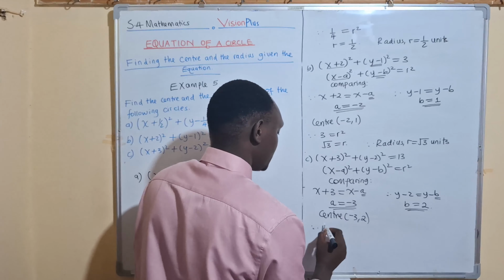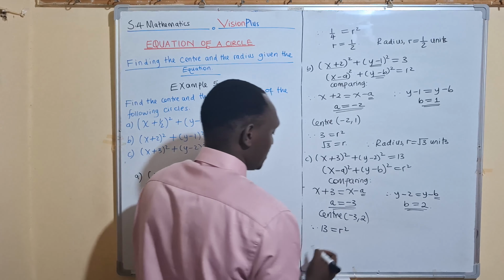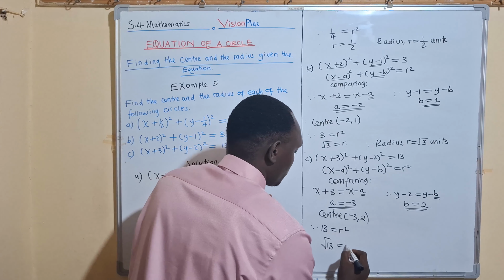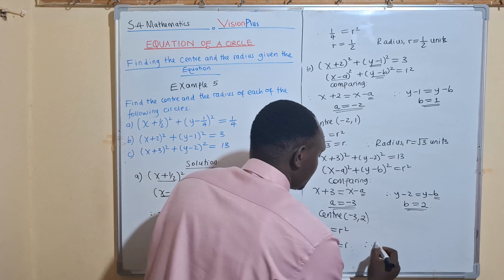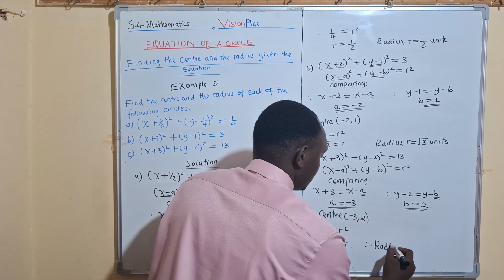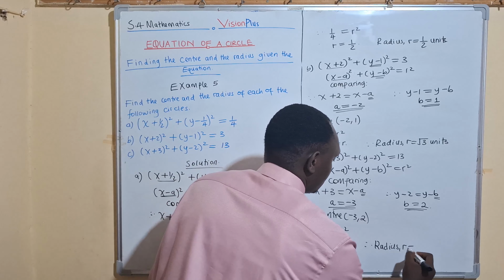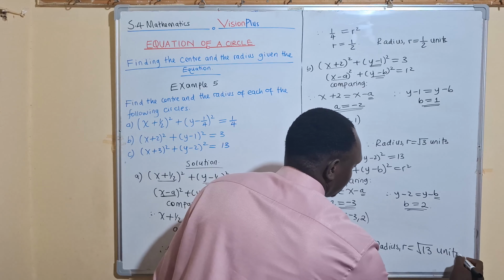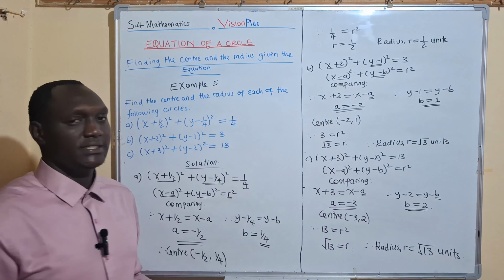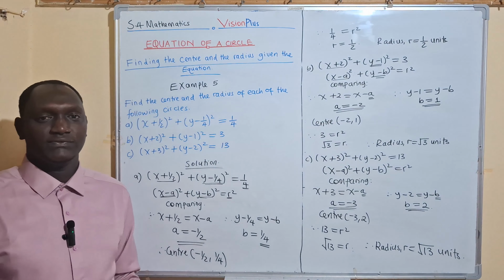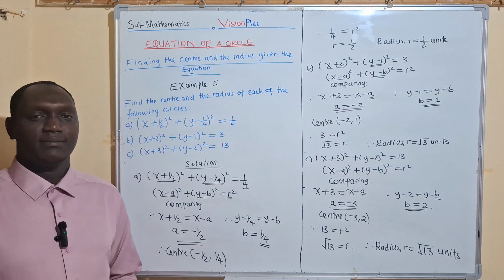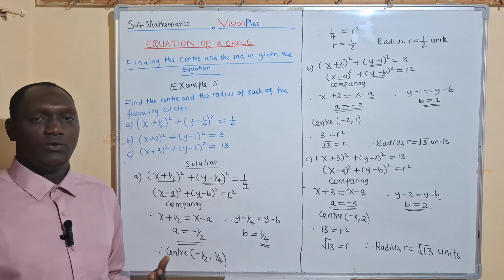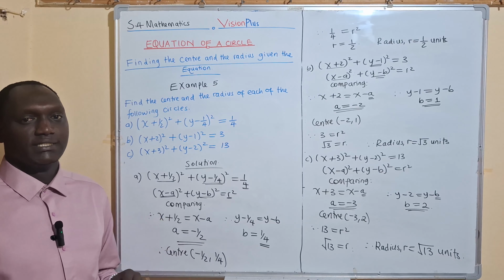So 13 equals r squared. Take the square root on both sides, and you find that root 13 equals r. Therefore, the radius r is root 13 units. So this is the solution to example 5, and this is the last example we are doing in finding the center and the radius when we are given the equation of a circle.